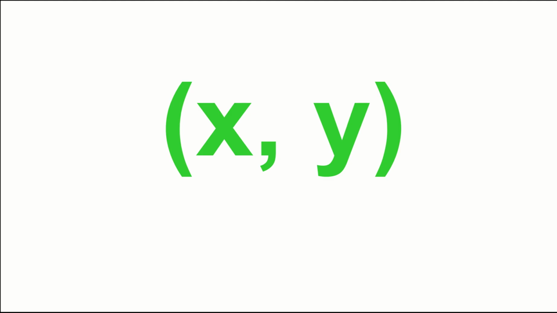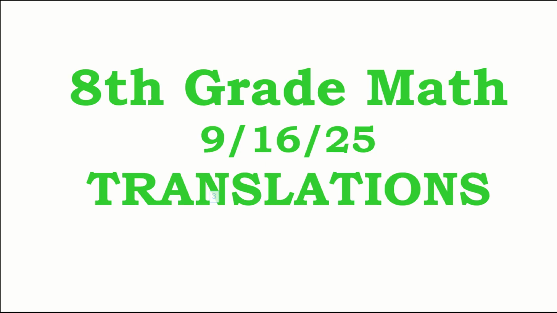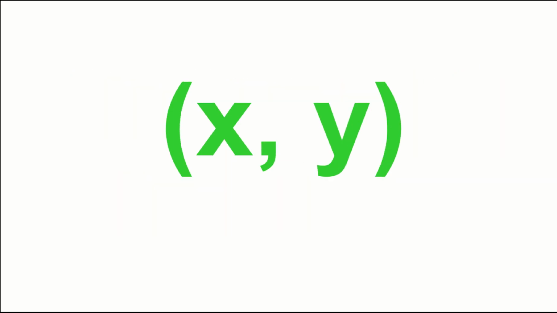When we have a graph, we've got an x-axis and a y-axis. The x-axis is the axis that goes from side to side, left to right. So x values are talking about the left and the right.